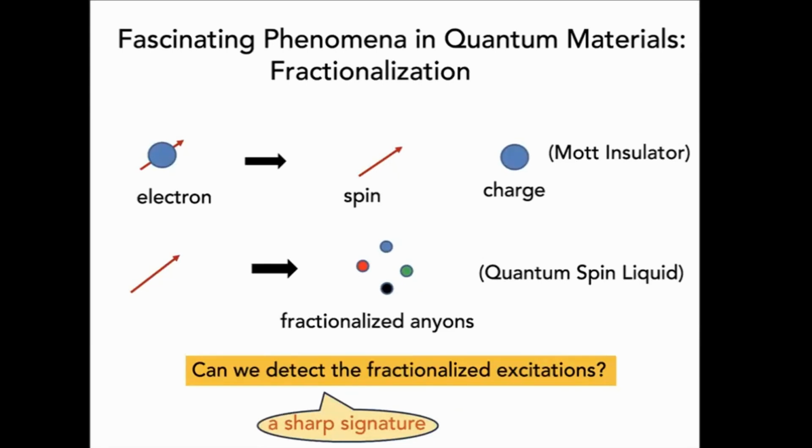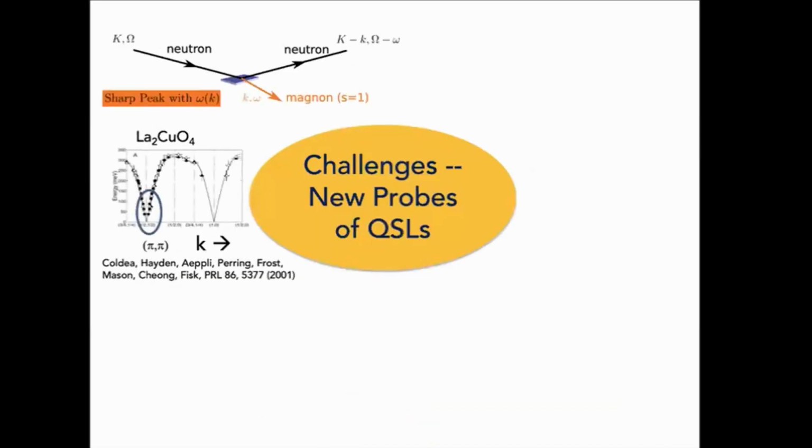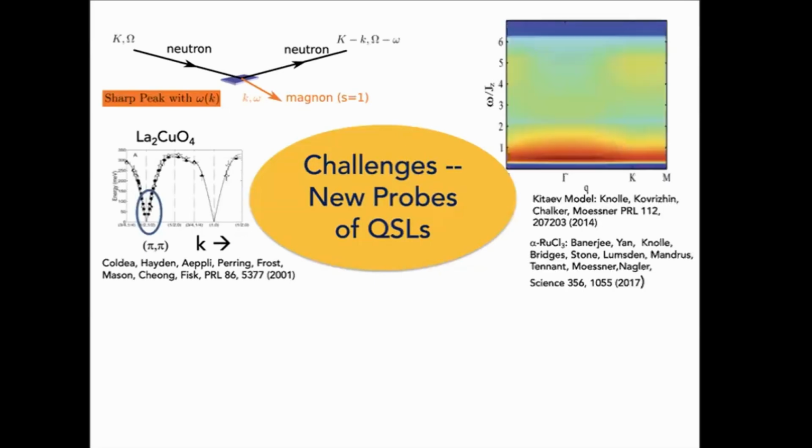Even more significantly, can we find a sharp signature of these fractionalized excitations? Starting with the standard probe, neutron scattering, you bring in a neutron and it excites collective magnon modes. In a system like La2CuO4, which has long-range order, these are observed as sharp modes, and you can map out the spectrum. This is the standard way to probe magnetism in spectroscopy.